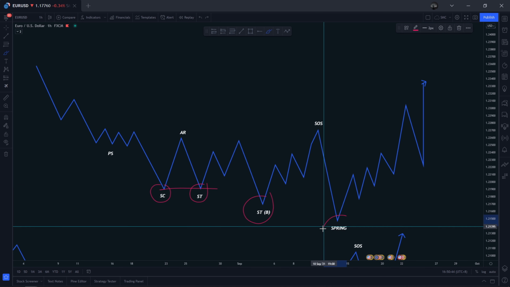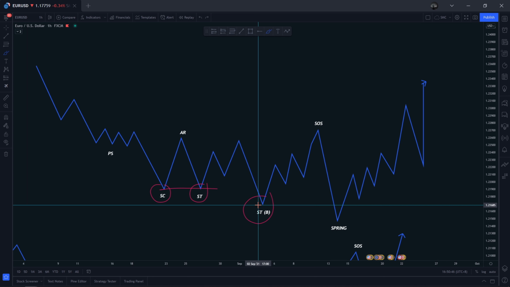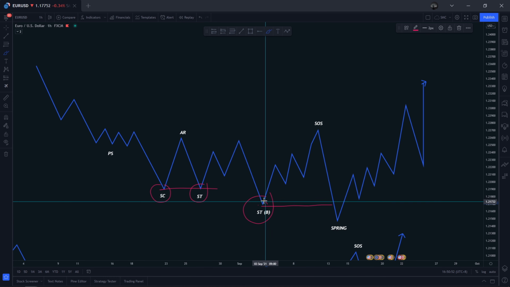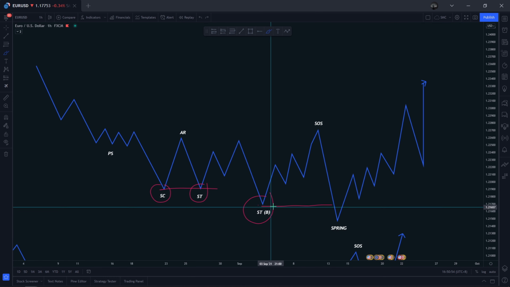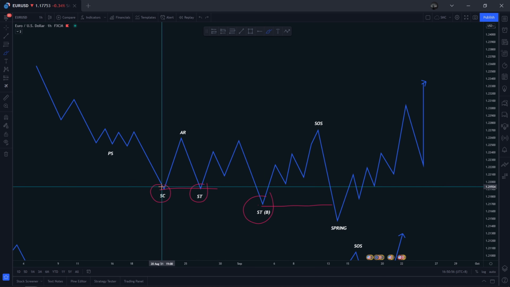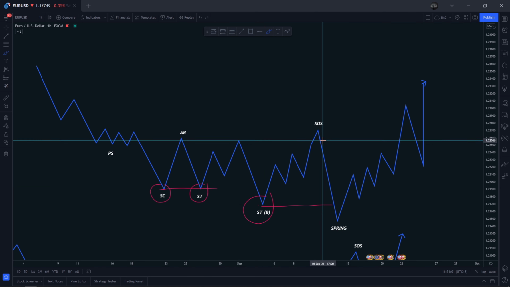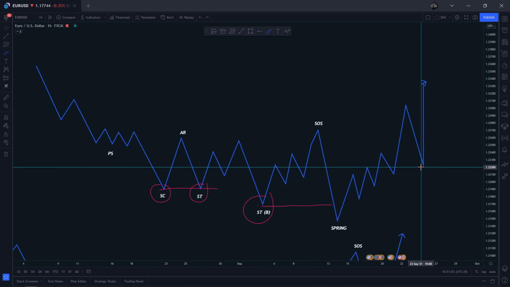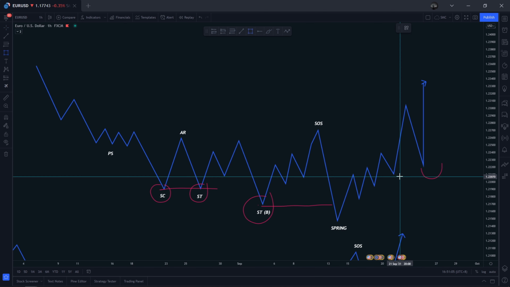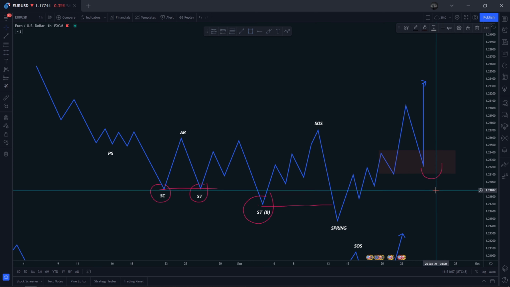Next we have the spring, which takes out this liquidity zone, or these equal lows, or this trend channel and stuff. So that's the job of the spring. Then we have a move higher up. Then we have this last point of support, where we usually enter.